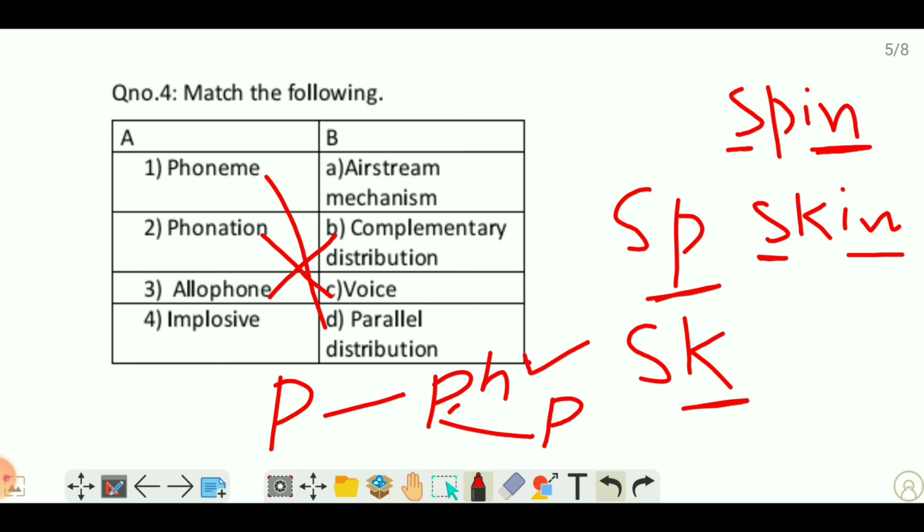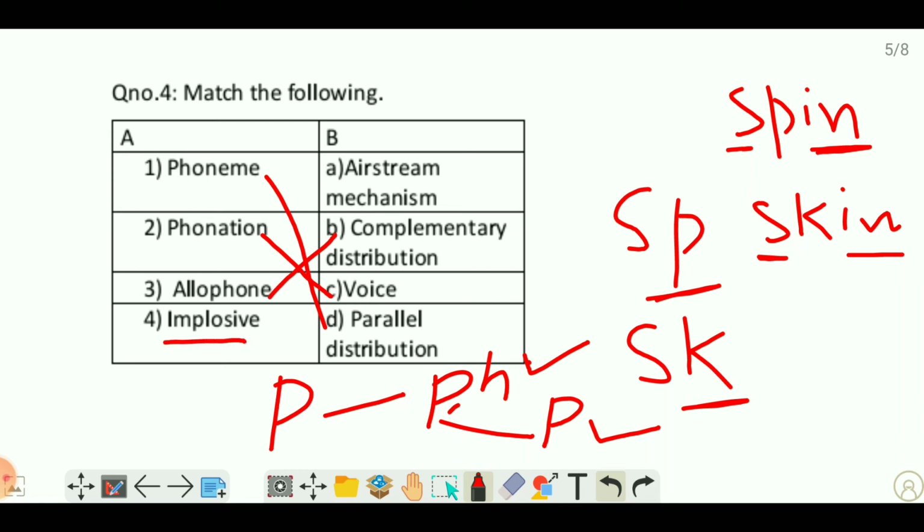The aspirated p sound occurs at the beginning of a word or stressed syllable, and the unaspirated p sound occurs within a word or consonant cluster or in a non-stressed position. So both of the allophones cannot change their environment because they are in complementary distribution.